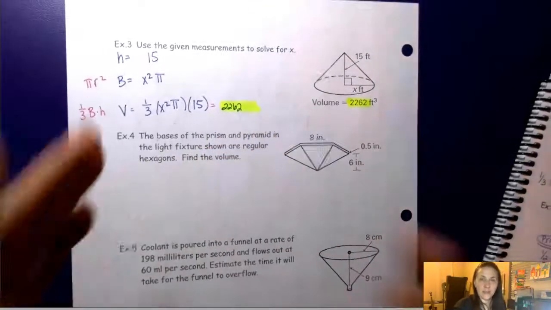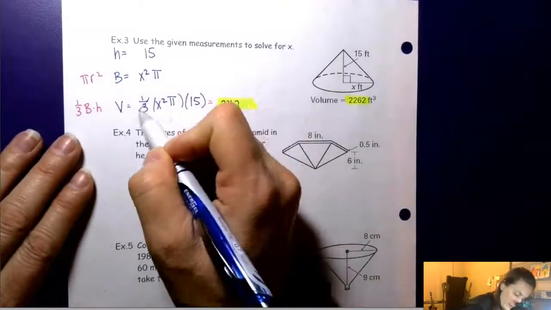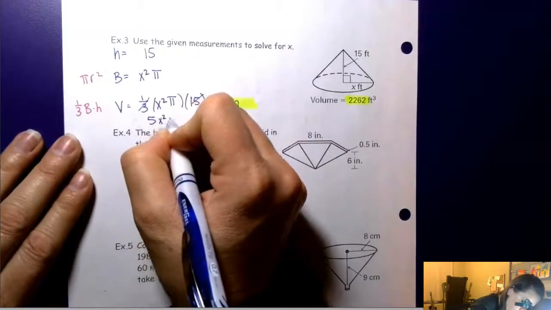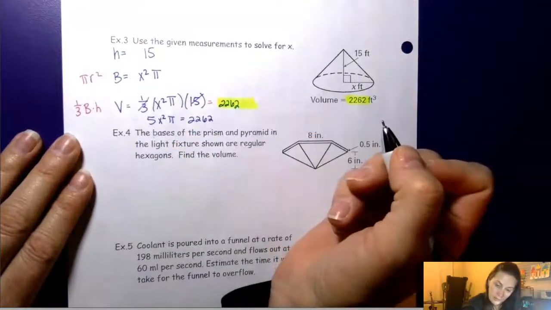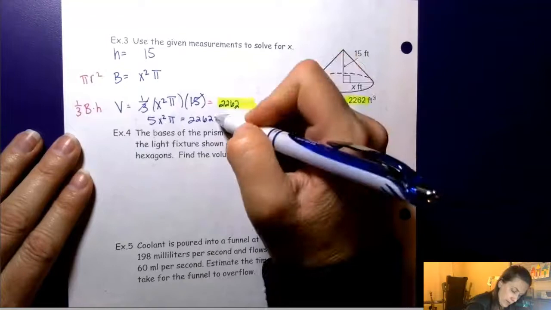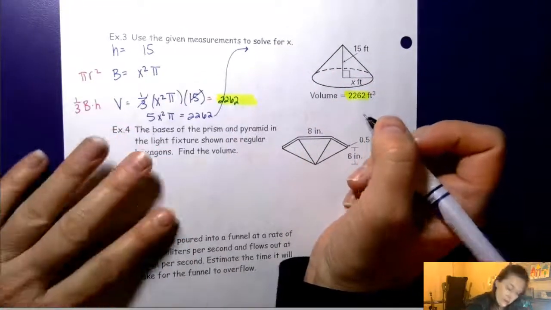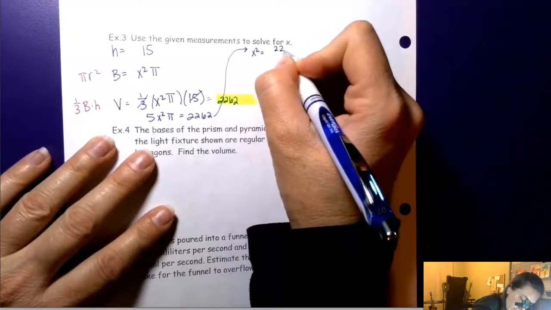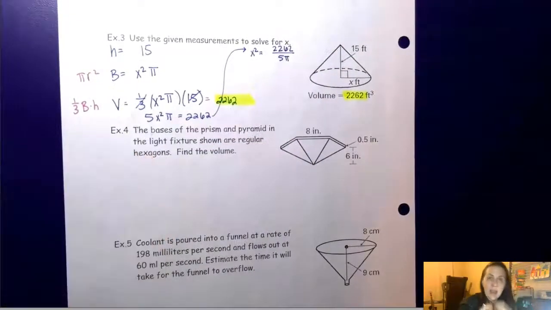So what's nice is I have an equation, I can just solve this up backwards, solve it. I take 1/3 of 15, I get 5 x squared pi equals 2262. So I'm going to divide by 5 pi. I'm going to get x squared equals 2262 divided by 5 pi. And if I don't have a calculator, can I work this out by hand?